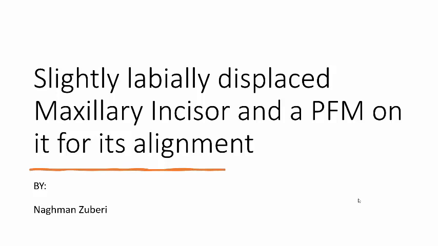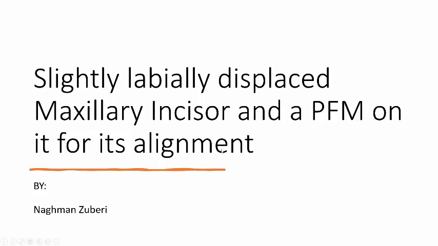I have already answered the question, what is the answer. So first of all, we will see what the actual question is. It is about a slightly labially displaced maxillary incisor, and you go for a restorative procedure using a porcelain fused to metal crown on it to make it aligned.